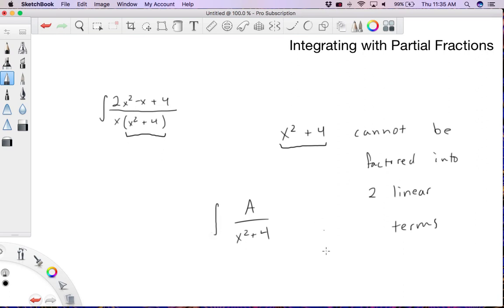In other words, it's not going to work out to be just a simple natural log of denominator. So if you have anything other than a first power of x on the bottom, you need to take a different approach. And since this x squared plus 4 cannot be factored, we're going to have to take a new approach.